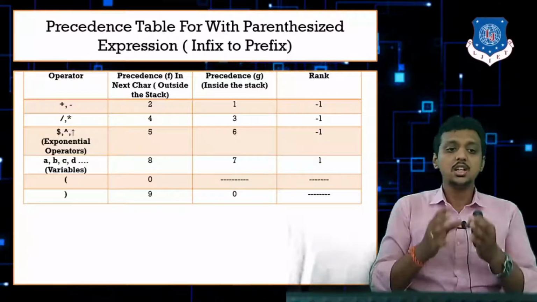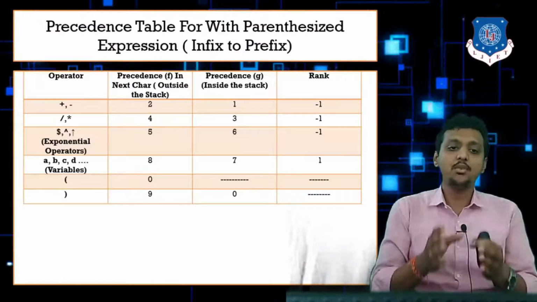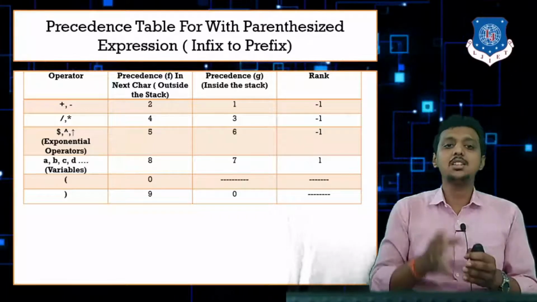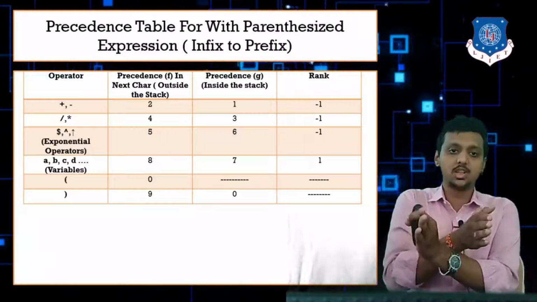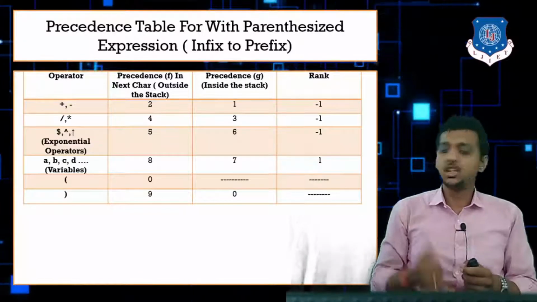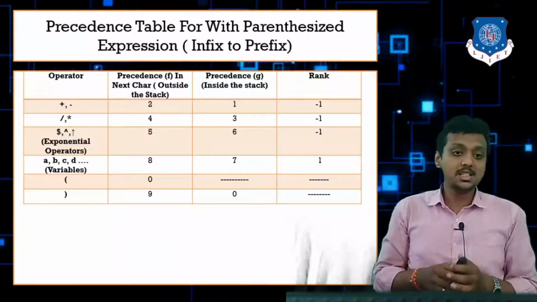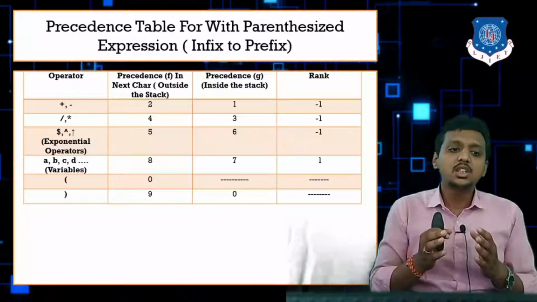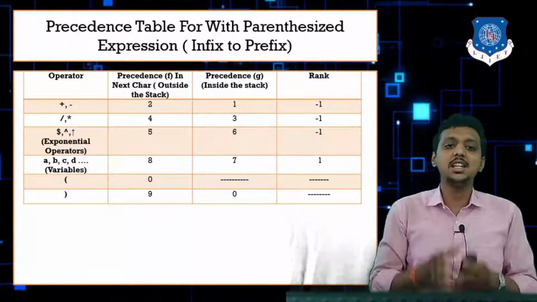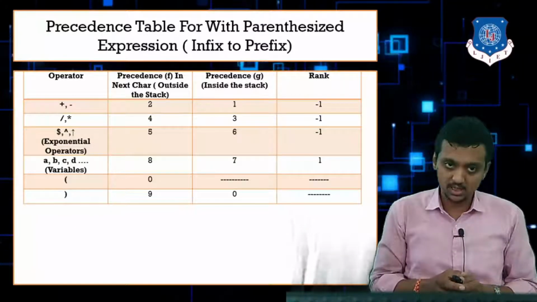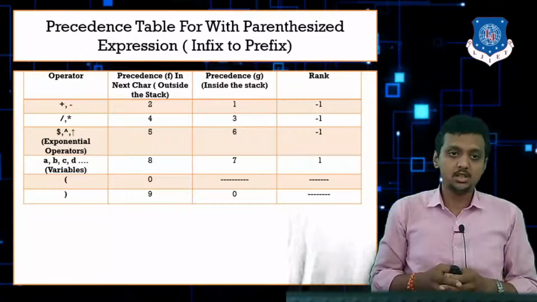Okay, so here the precedence outside the stack and the precedence inside the stack are totally reversed. Here you can see the precedence table with plus, minus, division, star, dollar, arrow, caret, ABCD, opening bracket and closing bracket. I have written all the operators over there.